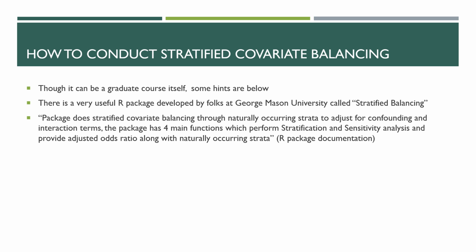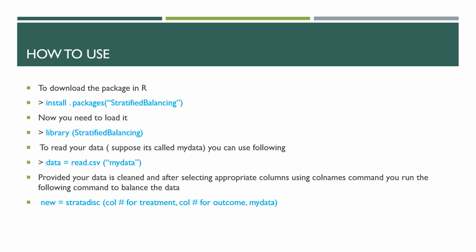The package has four main functions which perform stratification and sensitivity analysis and provide adjusted odds ratios along with naturally occurring strata. This is a very user-friendly package in R and can make your life very easy in terms of doing covariate balancing if you are an R user.